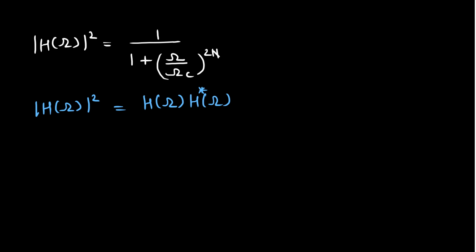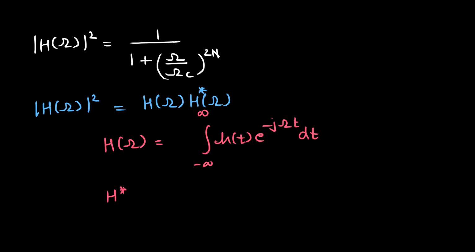This star simply represents the complex conjugate of the expression H(omega), and we know that H(omega) can be calculated as the integral from minus infinity to infinity of h(t) into e to the power minus j omega t dt, and if we take its complex conjugate, then what we have is H*(omega) is equal to the integral from minus infinity to infinity of h*(t) into e to the power j omega t dt.